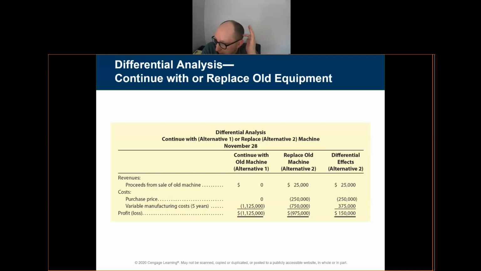If you spread that over 5 years, even with the purchase price of $250,000 upfront in that first year, you're still making out good over a 5-year period. So I'm with all of you on this decision. I would agree it makes the most sense to replace the old machine with a new one. Of course, sell that old one for $25,000. Come on.